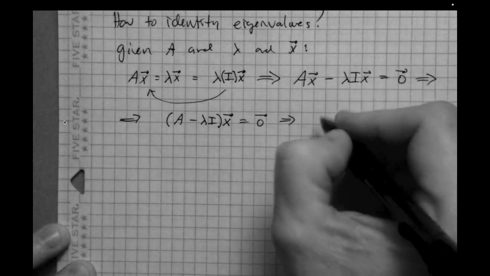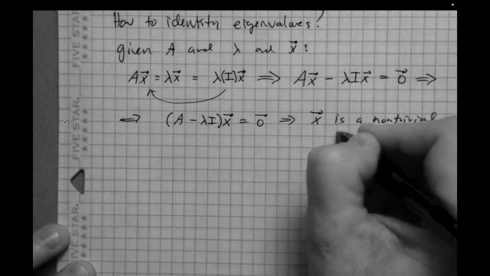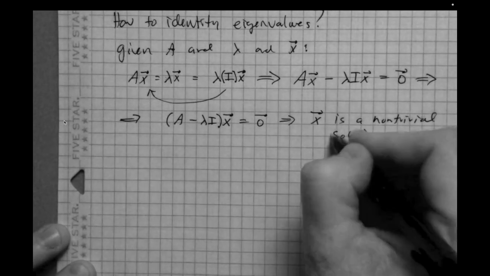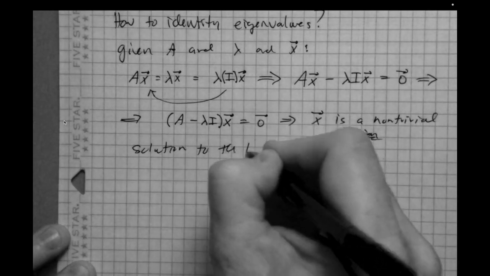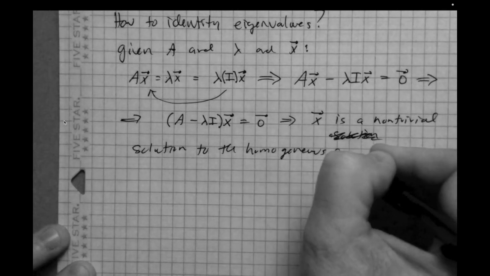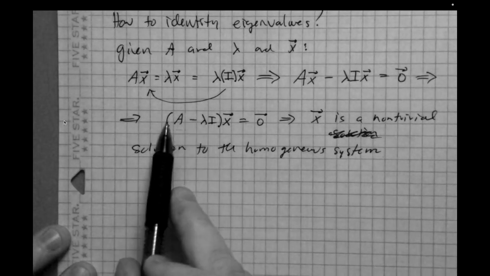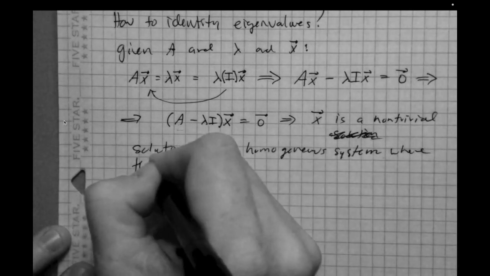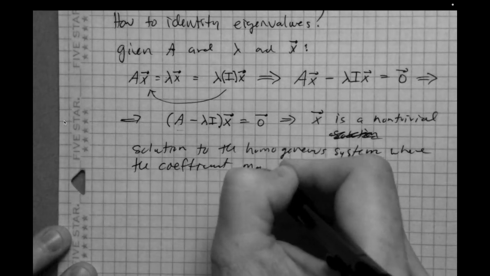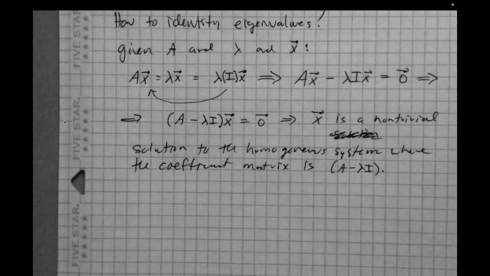So what we can say is that x, in this case, is a non-trivial solution to this homogeneous system, and in this system the coefficient matrix is played by A minus lambda I. So you've got this way to think about it as a system.